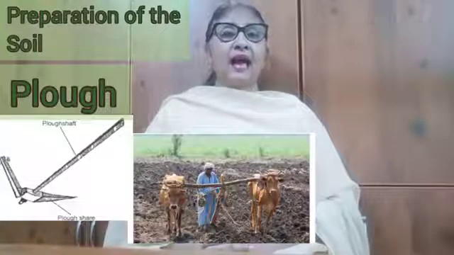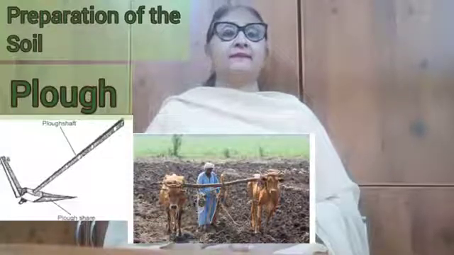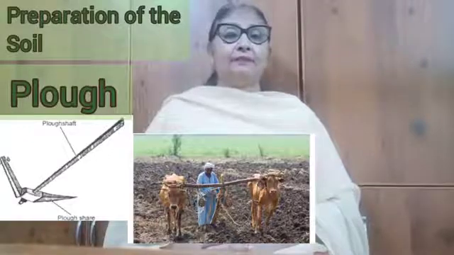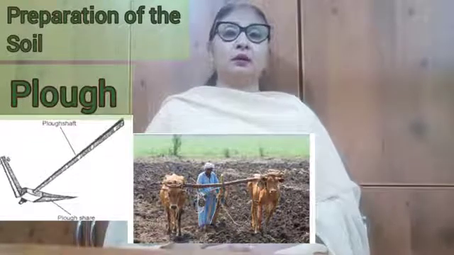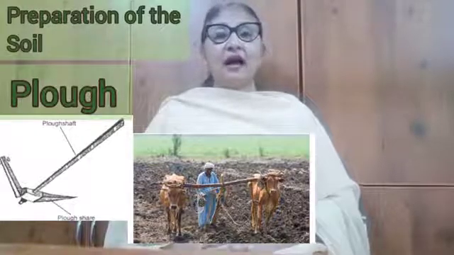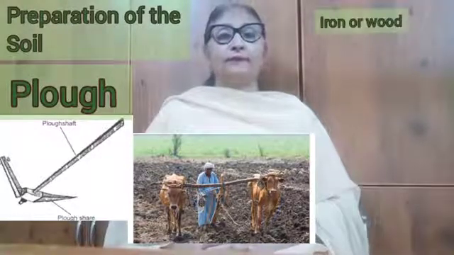Now let us see the various tools that are used for plowing and tilling. The first and foremost is the plow. The plow has been used since a long time and it is a traditional tool made of either iron or wood.